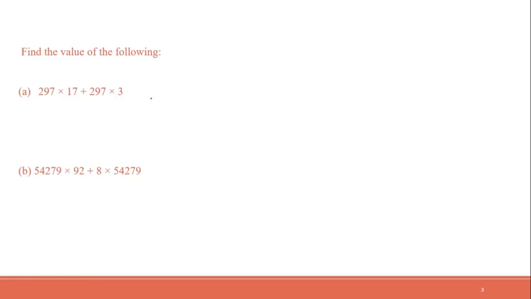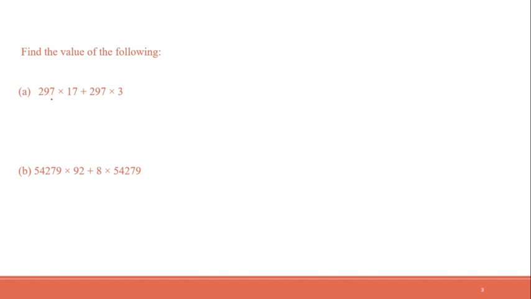Here it is given 297 multiplied with 17 plus 297 multiplied with 3. As I have taught you in the previous lecture, what we'll do in this kind of question is we'll just take the common.